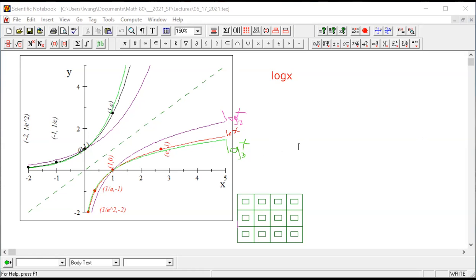Can anybody give me some educated guess? Just a sketch. It doesn't have to be precise. We want to have the relative position correct. Where is it going to be?